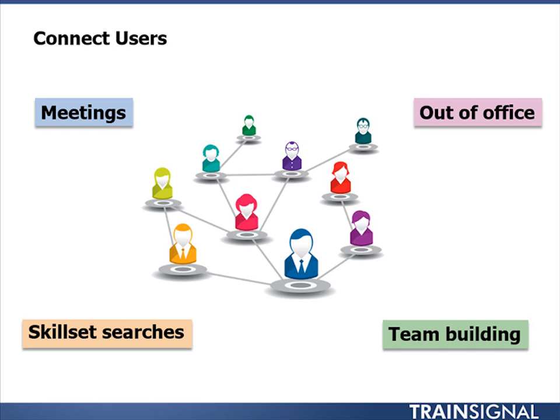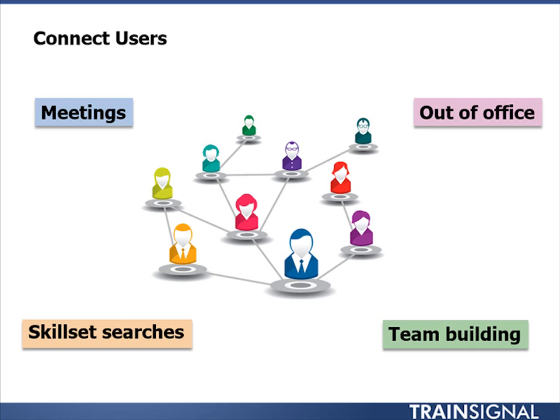Well, what I could do is go in, do a search, and find all of the people that worked for our competitor and maybe worked in the production plants for our competitors. And then finally, last but not least, searching user profiles can be very helpful for team building. Maybe I want to put together a pool for the NCAA March Madness tournament, or a group of runners to train for a half marathon.